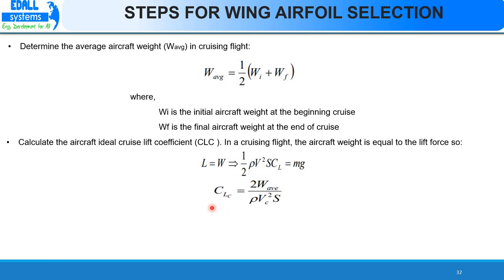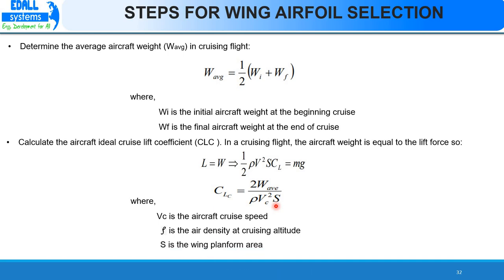Hence, ideal cruise lift coefficient CLC equals 2 W average divided by rho Vc squared S, where Vc is aircraft cruise speed, rho is air density at cruising altitude, and S is wing planform area.